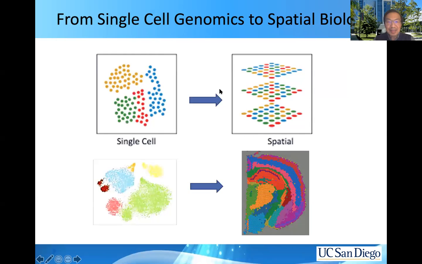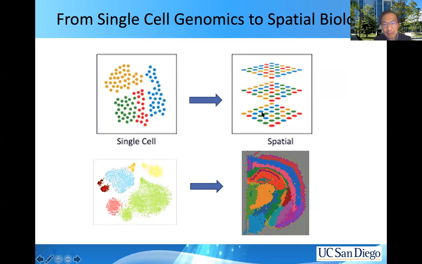As we all know through this meeting, spatial biology is a further advance from the single cell technology. In the single cell, we are able to identify the genomic makeup, the genomic properties of each individual cell, as opposed to the ensemble average, that allow us to detect and study the characteristics of real cells and identify and classify new cell types.